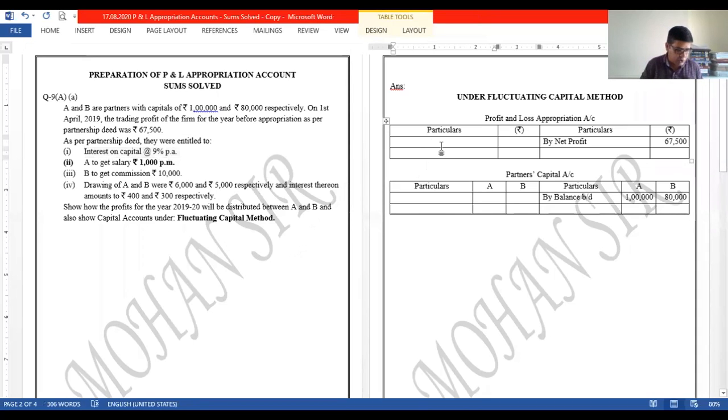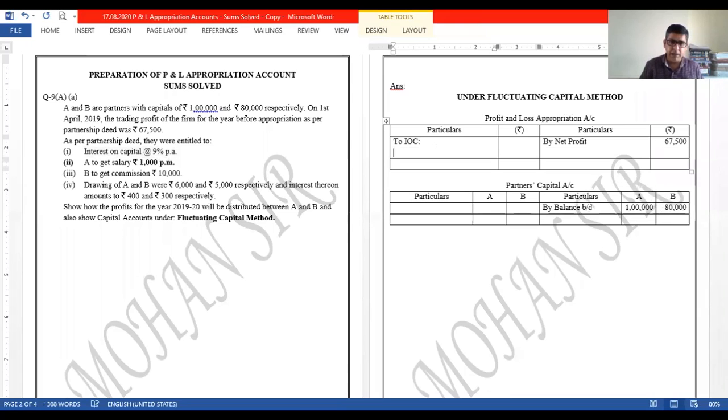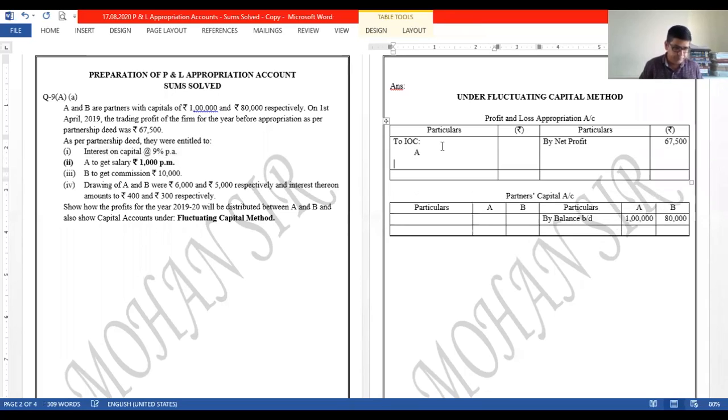Being an appropriation, it has to come on the debit side over here, to interest on capital, and over here I'll mention A and B. Let me place the amounts over here. A's amount will be 1,00,000 ka 9%, that is 9,000, and B's 80,000 ka 9%, that will be 7,200.